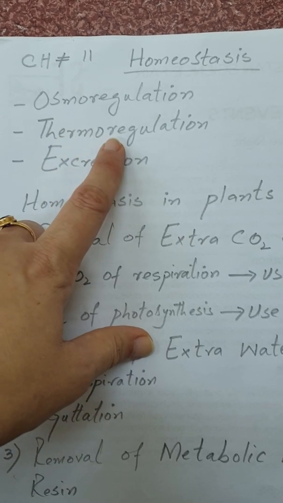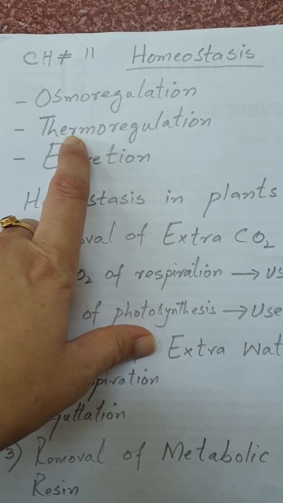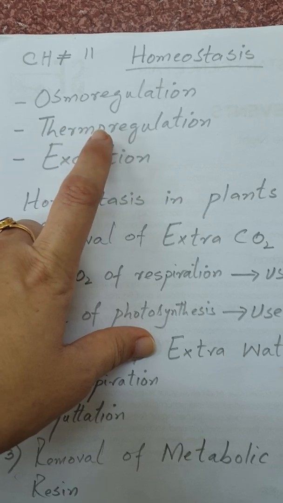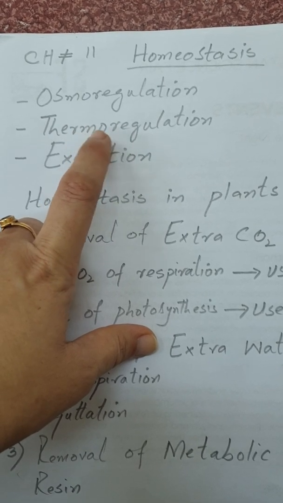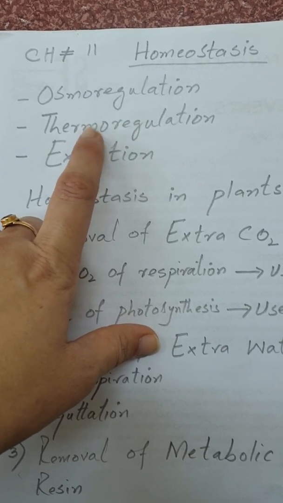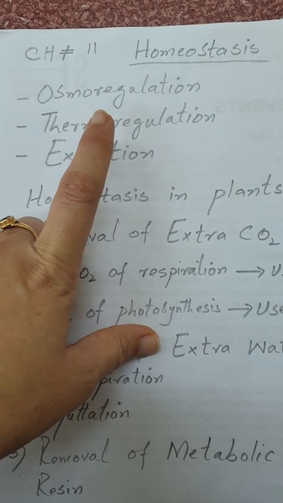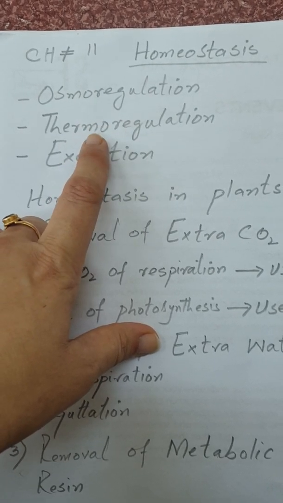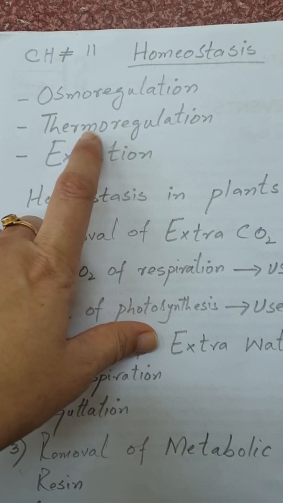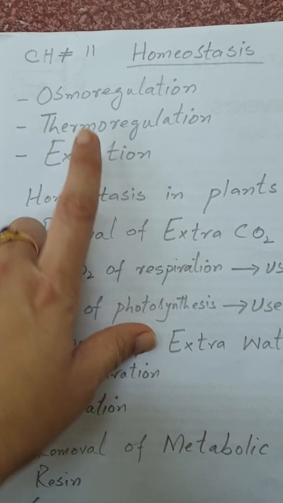Second, thermoregulation, the regulation of temperature. Sometimes the external environment becomes very hot, sometimes very cold, but they have to keep their internal environment in balance, not very cold, not very hot, and that regulation is thermoregulation.